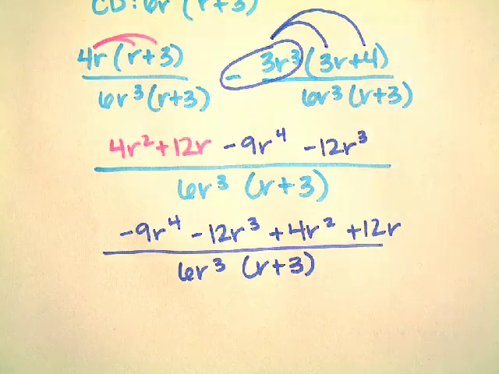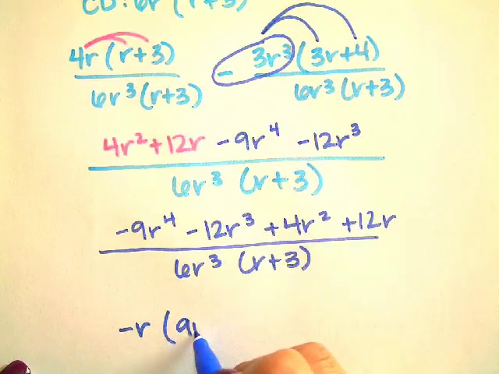All right, when you write the top in the correct order, what do you guys see? You can take a negative 1 out, but you can actually take something else out. You can take an R out. Go ahead and take a negative R out.